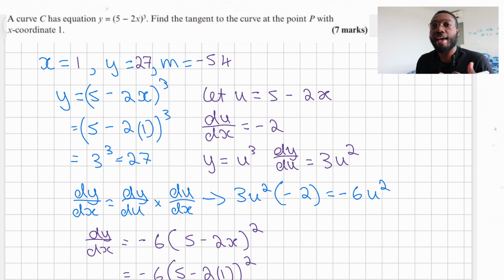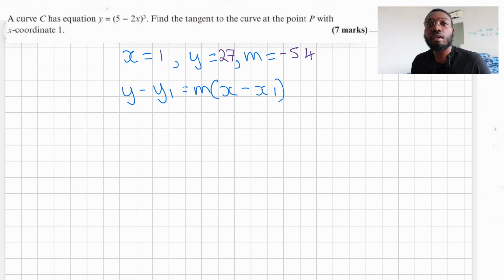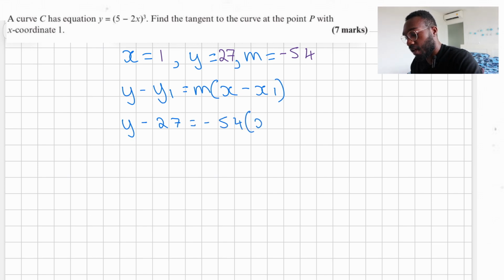So now we've worked out our x value, our y value, and our m value. We can now put that into the equation of a straight line. We know that the equation of the straight line is y minus y1 is equal to m, and then in brackets, x minus x1. So for this question, we get y minus 27 is equal to minus 54 times (x minus 1).